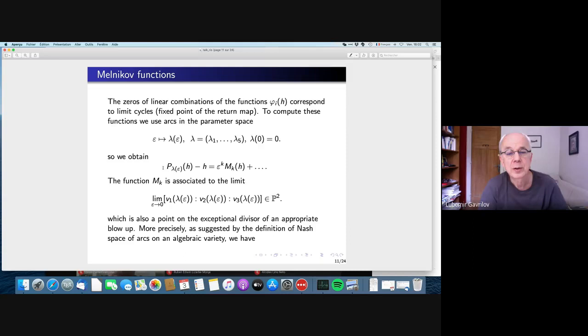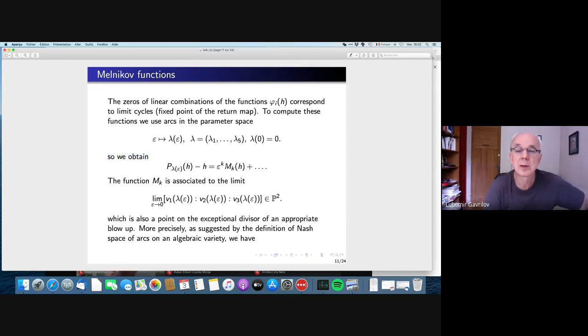This is the general formula for this so-called Melnikov function. When you replace lambda by some power series in epsilon, you obtain some asymptotic, not necessarily convergent, development, and you hope, by making use of some asymptotic theory, to obtain the dominant term, this M_k.